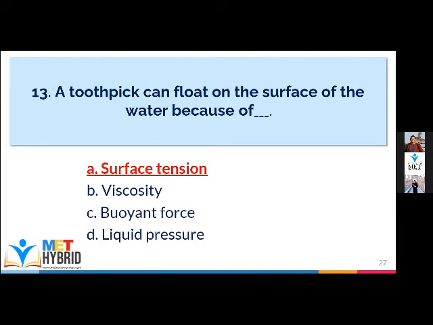Now, if you have bigger things floating on water, that's when the buoyant force is acting upon them. So that's the main difference.